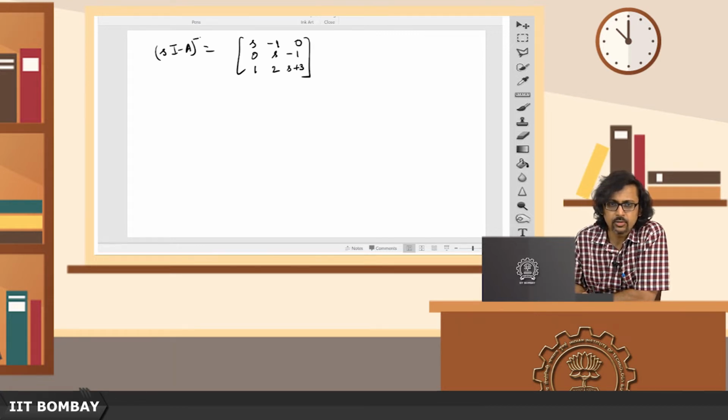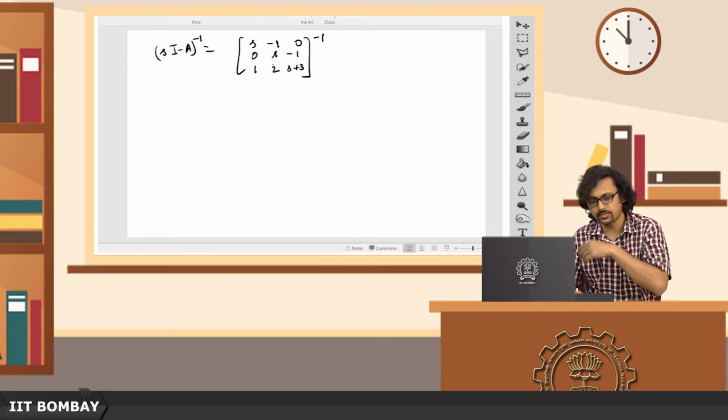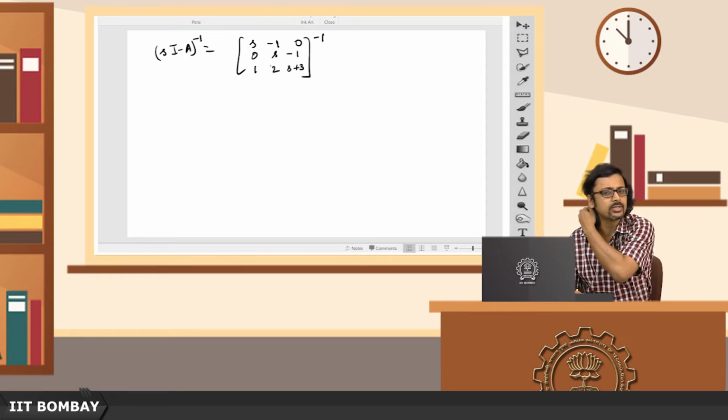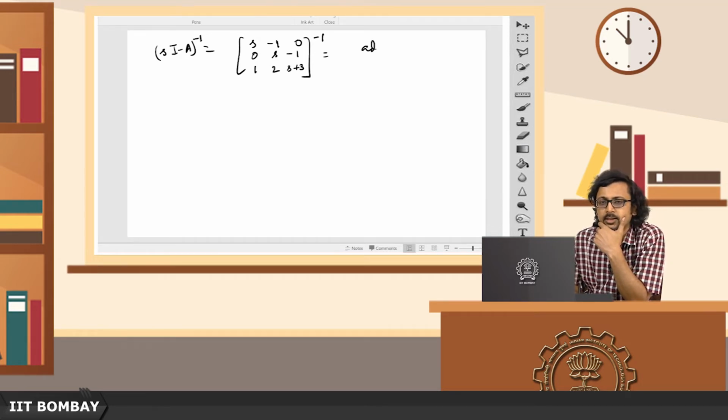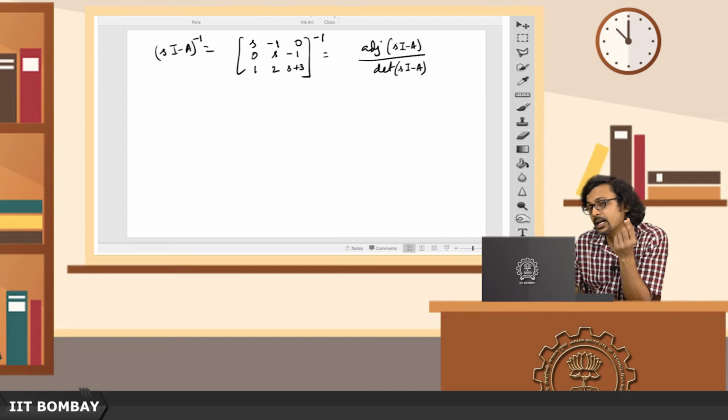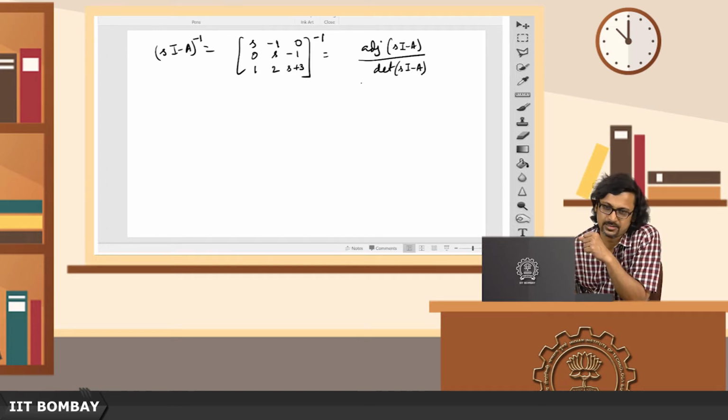So what we essentially want to do is find the inverse of this. The moment we want to find the inverse of something, it is generally not a very straightforward calculation. So the inverse of this is going to be the adjugate of sI minus A divided by the determinant of sI minus A. What is the adjugate? The adjugate is the transpose of the matrix of cofactors.